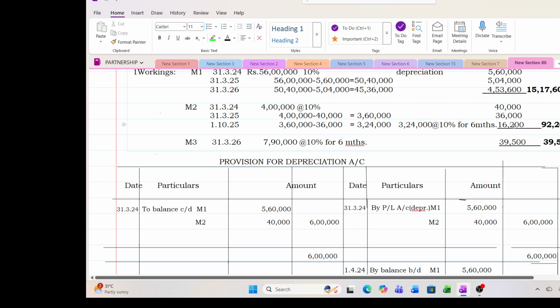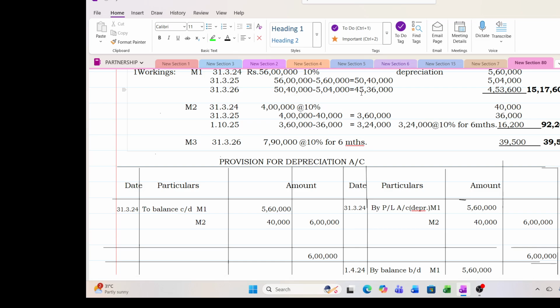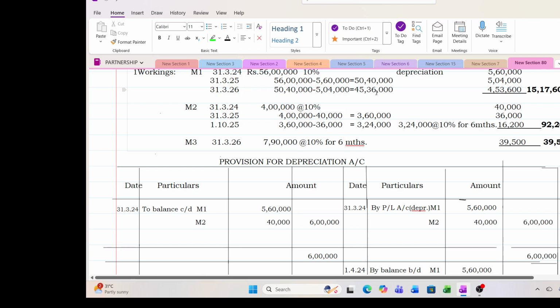So it is 16,200. Either you can do it like this, divide by 2, or straight away calculate 5% on 3,24,000, that comes to 16,200. And for the other machine, M1, up to 31/3/26, it was there for the whole year. So from 1/4/25 to 31/3/26, the book value was 45,36,000, because after subtracting the depreciation amount, 10% comes to 4,53,600.